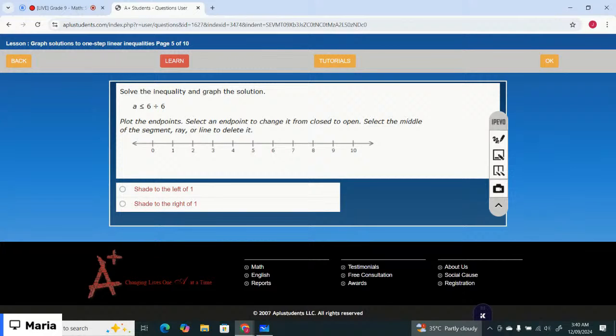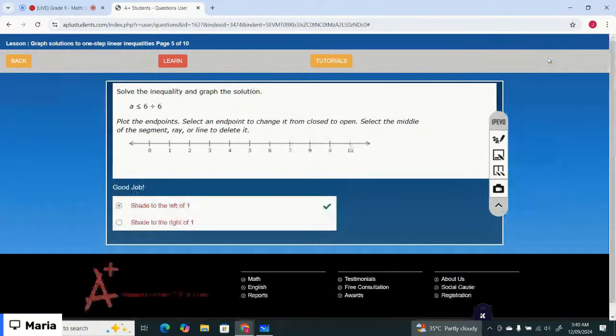The correct option is shade to the left of 1, right? Because A is less than or equal to 1. So that is left.